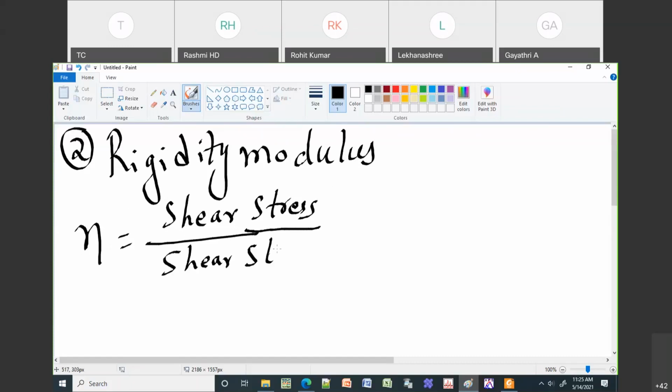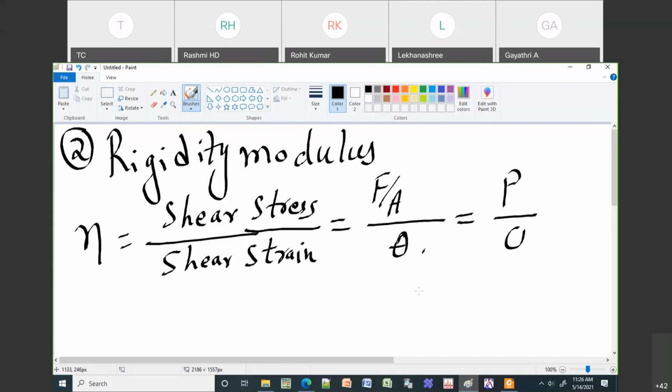So shear stress is again your force by area, divided by theta, where theta is the shear angle. So this is nothing but P divided by theta. So this is n equals P by theta.